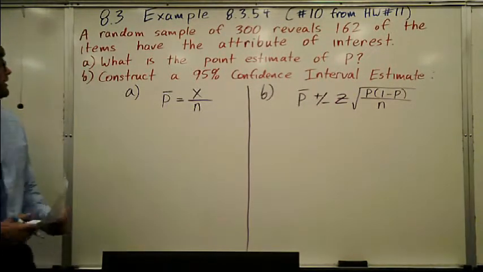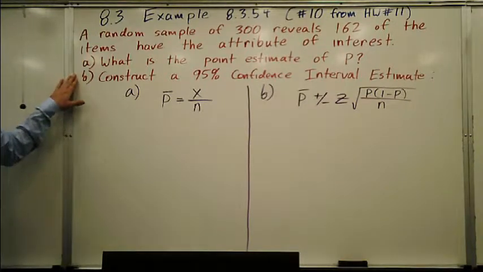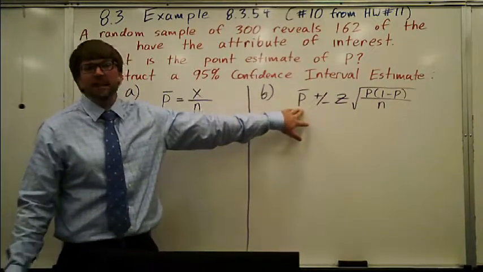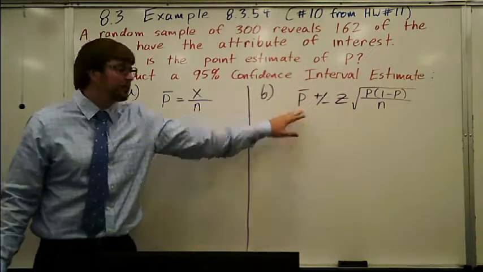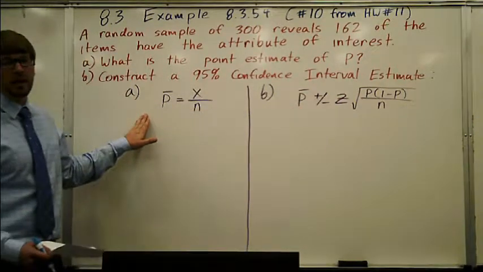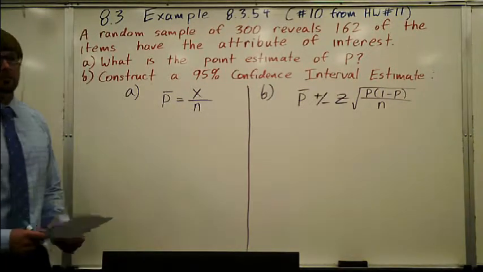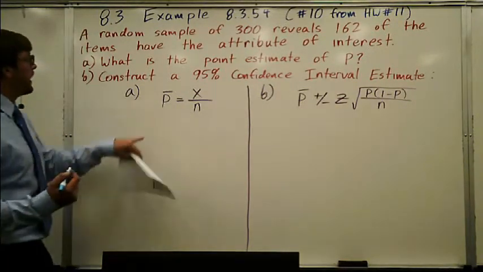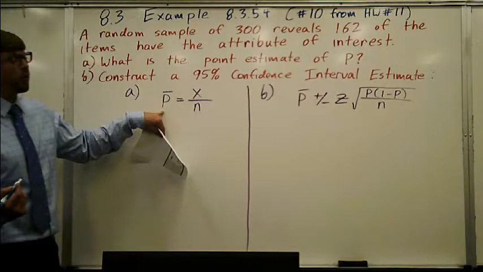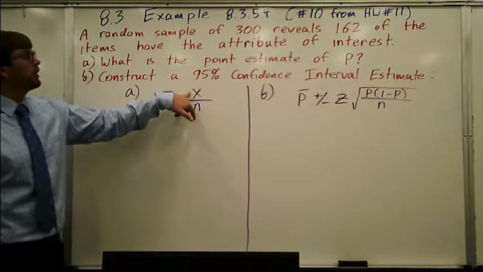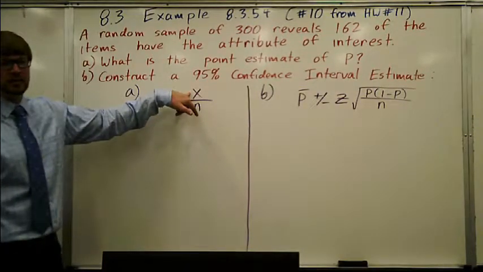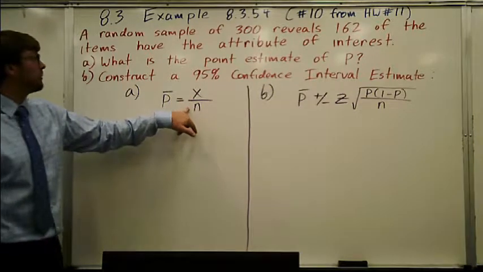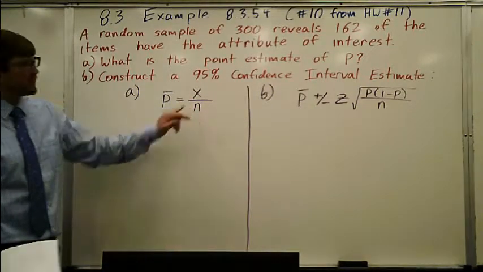So to construct this 95% confidence interval estimate, we need to know the point estimate of the population proportion, which is what they're asking in part A. You may recall from previously, the point estimate for the population proportion is just the number of elements that have the characteristic of interest divided by the total number of elements surveyed or sampled.